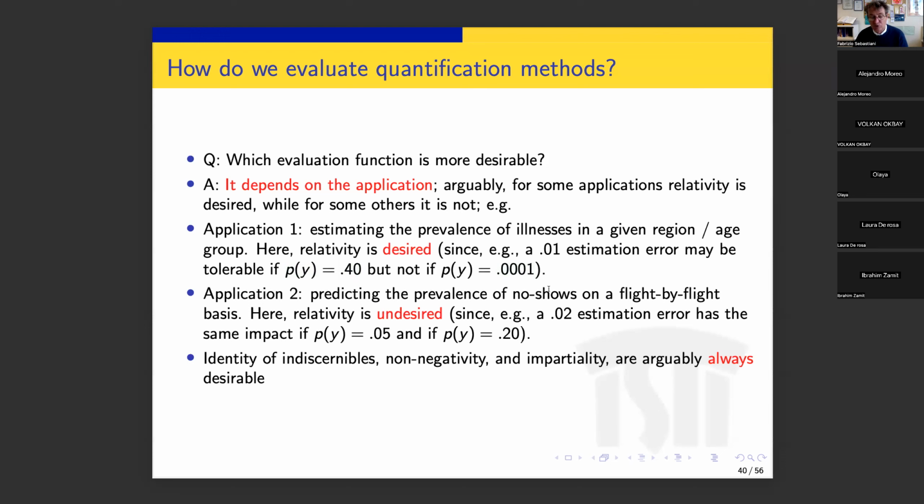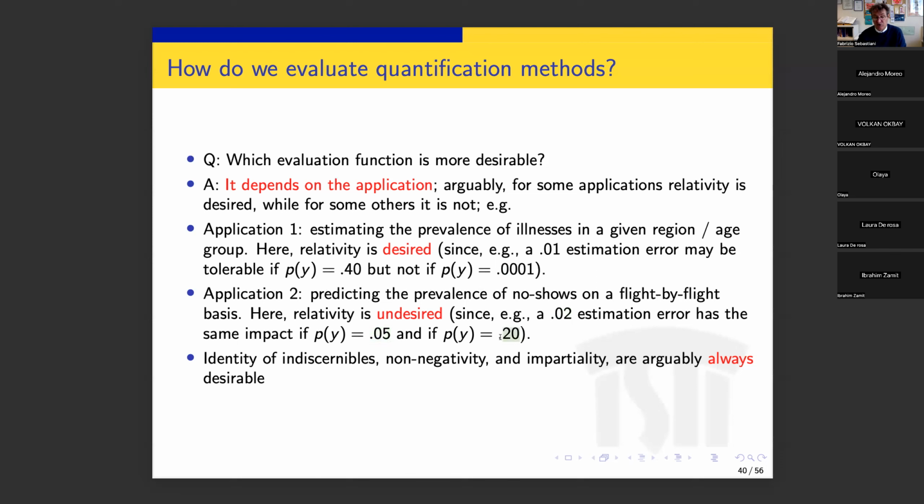Instead, take another application, application 2, predicting the prevalence of no-shows on a flight-by-flight basis. Relativity is undesired here, because a 0.02 estimation error has the same impact if the true percentage is 0.5 or if the true percentage is 0.20. Suppose that on the flight there are 100 seats, and if py is 0.05, it means that the true number of people who don't show up will be 5.